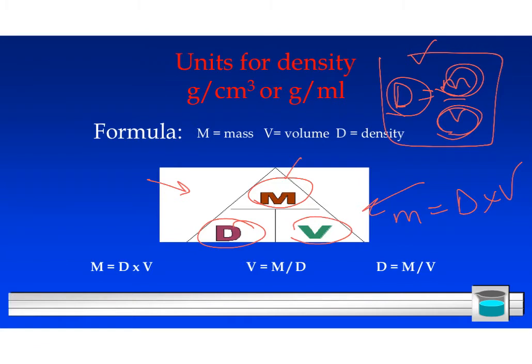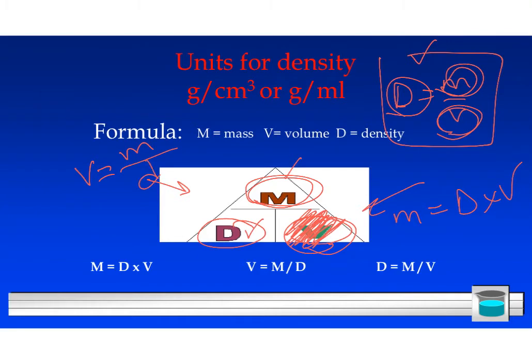And so then, if you need to rearrange the formula, whatever you're trying to solve for, you cover up. So let's say I asked you to solve for volume. That would mean in this triangle, you cover up volume, I usually just put my finger over it, and what are you left with? That tells you then that volume is mass divided by density.